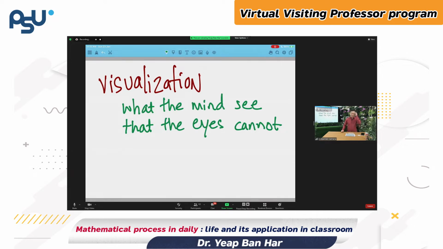When you are trying to think, where did I put the key this morning? You are visualizing. You are trying to visualize something that happened already before. It happened already. So your eyes cannot see it. Gone already this morning.